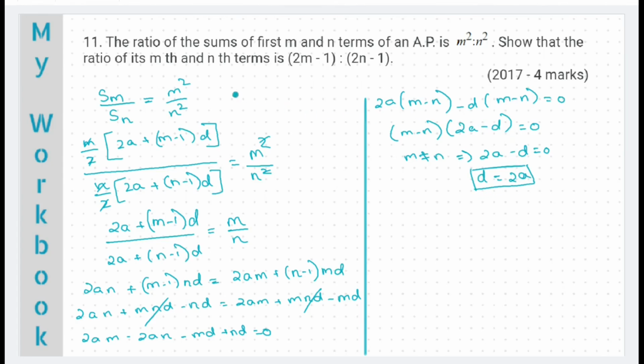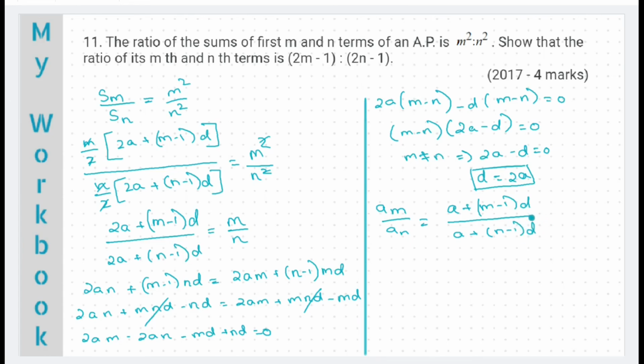We have been asked to prove that ratio of the mth and nth term is 2m minus 1 is to 2n minus 1. So am by an will be, am can be written as a plus (m minus 1) into d. And nth term is a plus (n minus 1) into d.